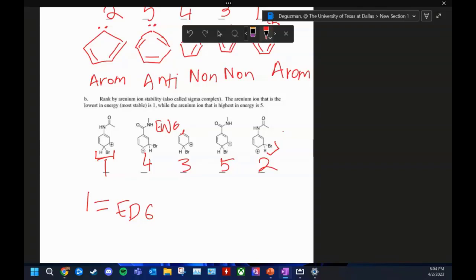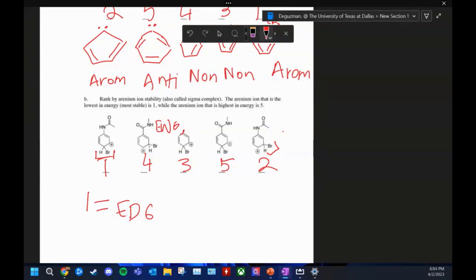This is the arenium ion stability, so it's the sigma complex intermediate. So before you do the elimination reaction to complete the benzene ring, you're just ranking it by the intermediate of the carbocation. Basically, just look at the positioning of where we're adding the bromine. Yeah, basically. So that's another way to think about it.